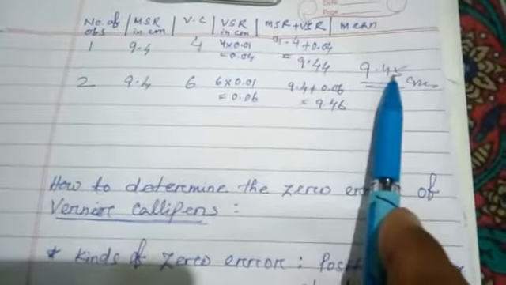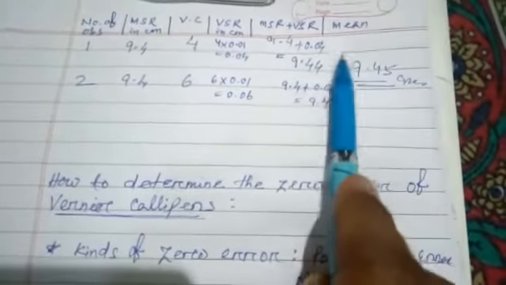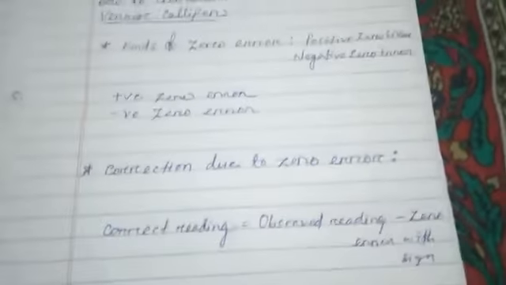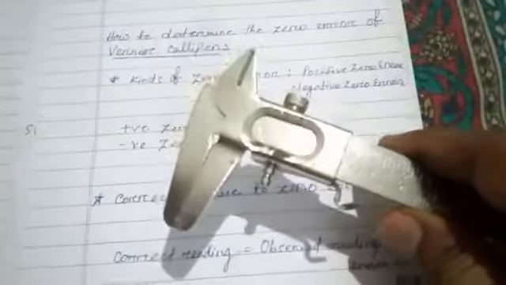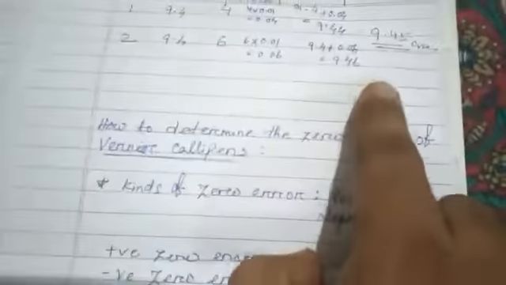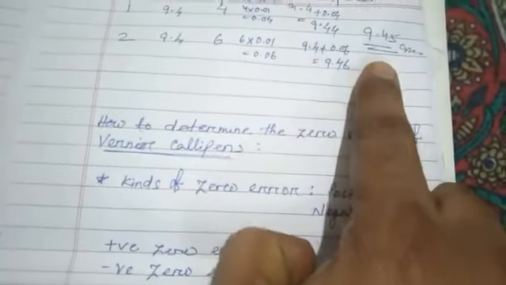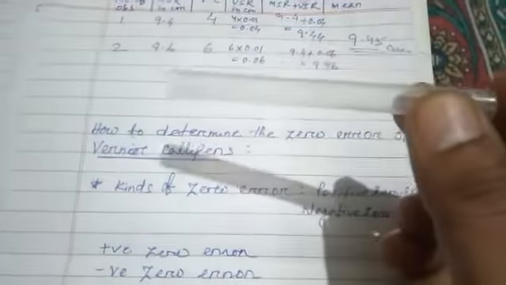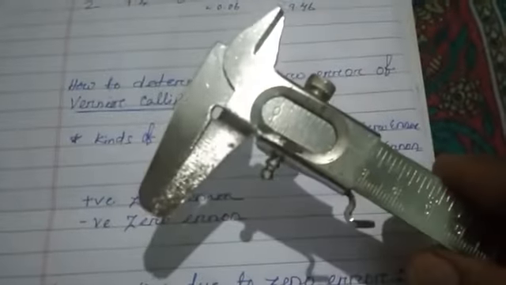So 9.45 is the observed reading by you. I have observed, by using this vernier caliper, the length of the cylinder. The length of this cylinder is 9.45.